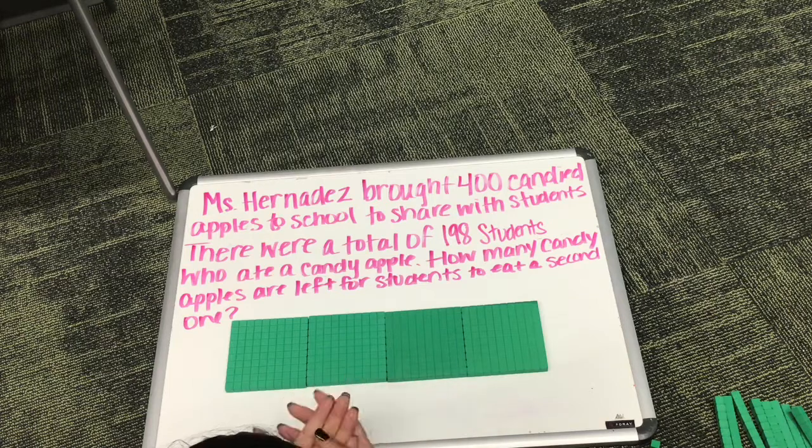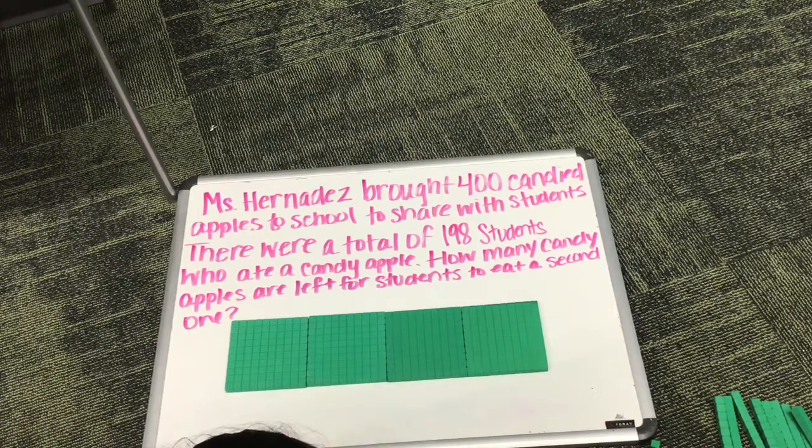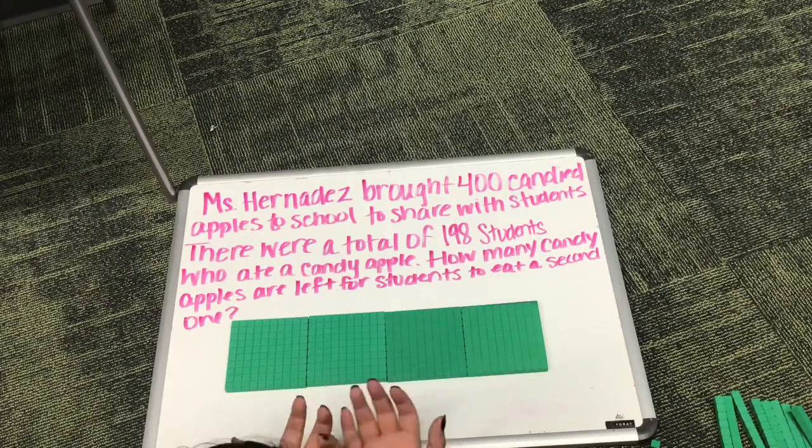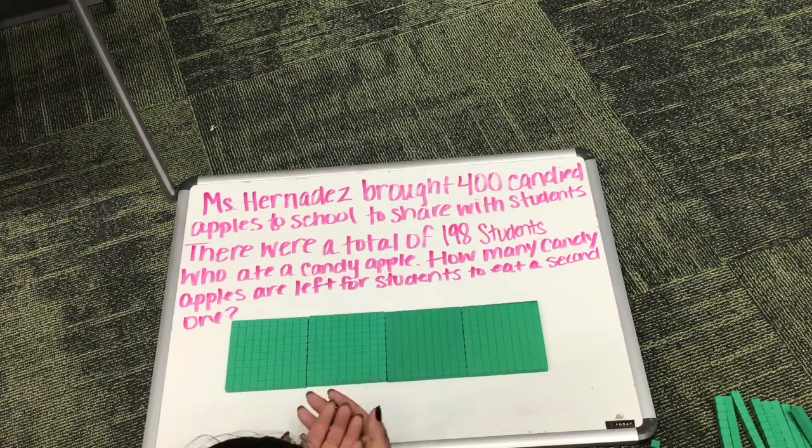So what we would usually do is begin by subtracting our 198 from our 400 to find out what our difference is. And with the base 10 blocks, we're also going to have to regroup, just like we would in a standard algorithm.